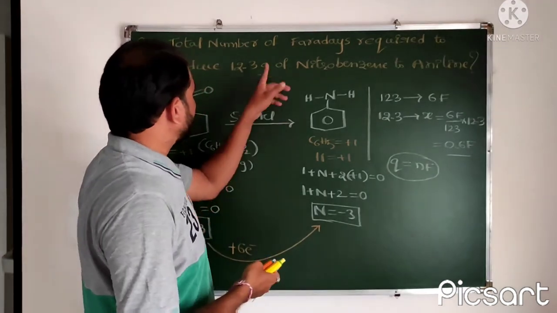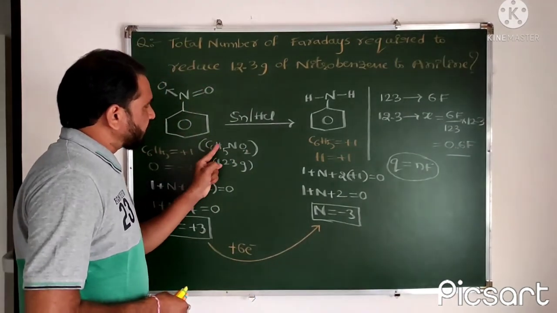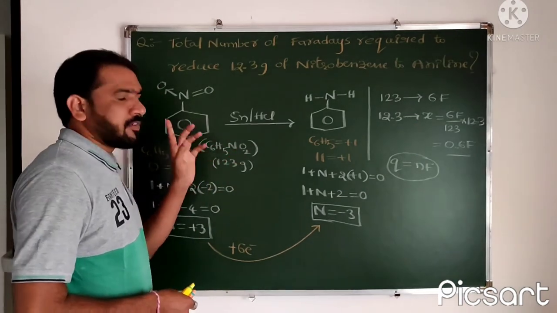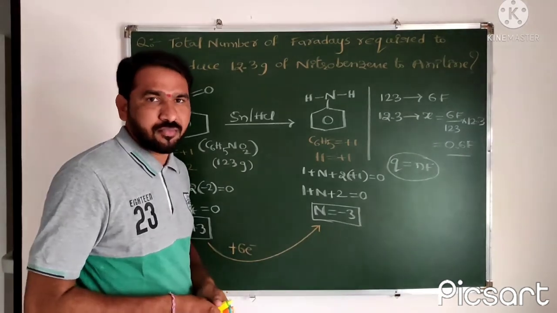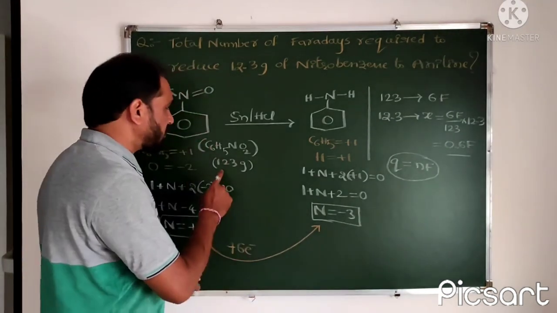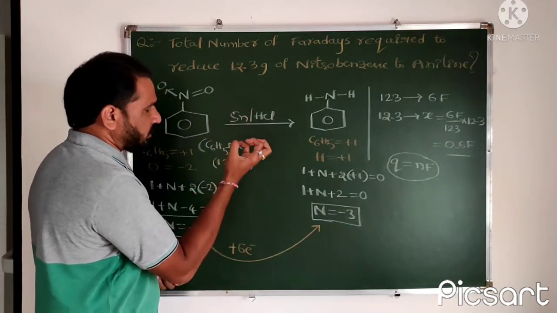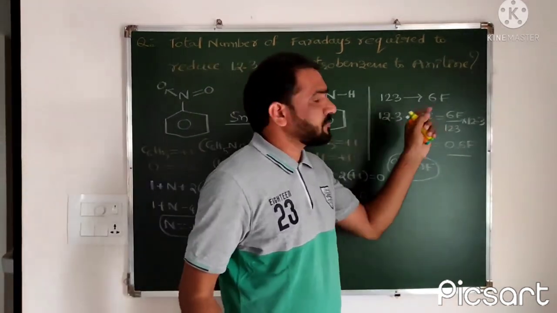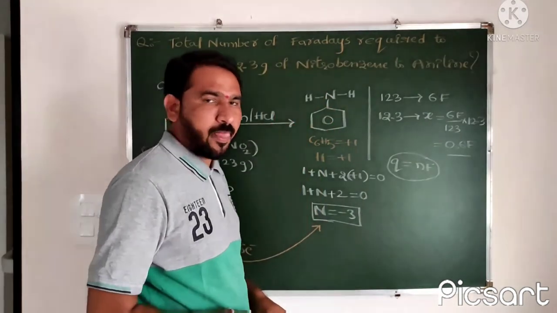Then coming to the calculation, here C6H5NO2 is the general formula of nitrobenzene, whose molecular mass is 123 grams. 1 mole, 123 grams, of nitrobenzene requires 6 Faradays to convert into aniline.